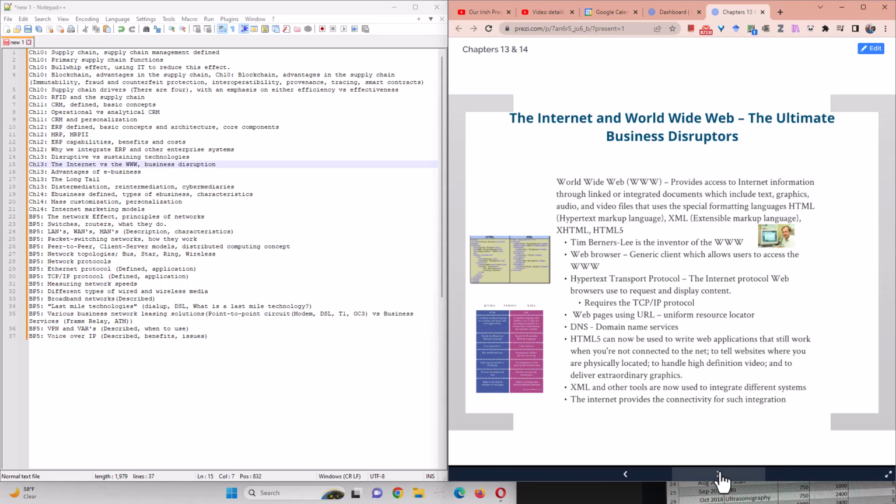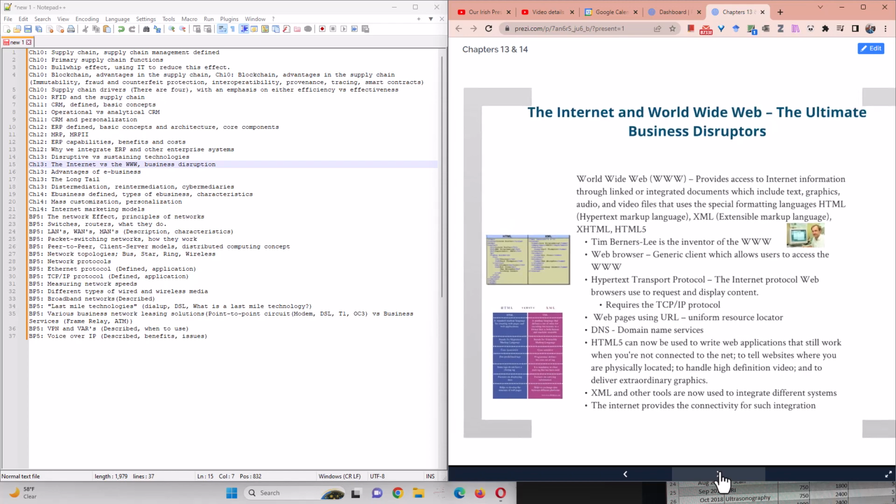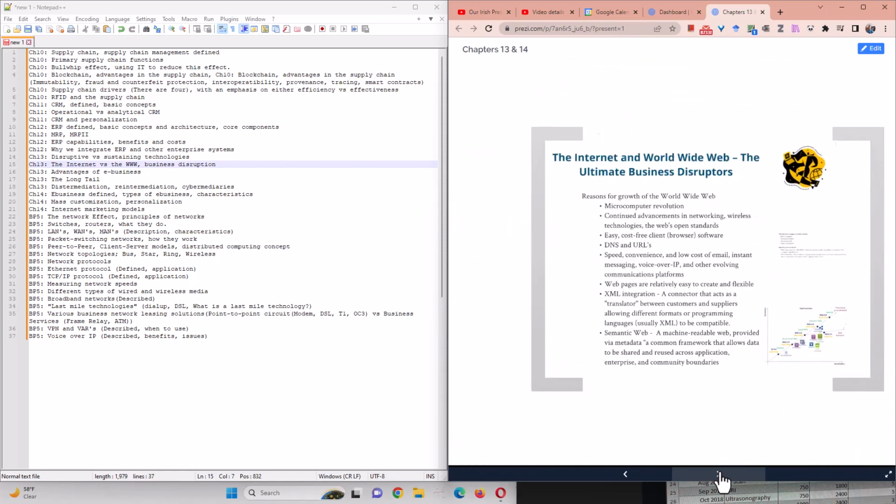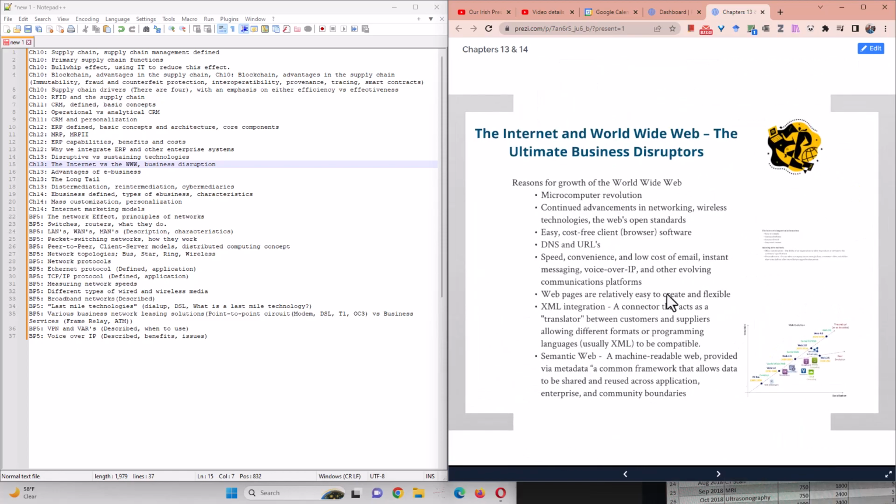You might see definition questions on things like domain name services and hypertext markup language, which is the development language of the web. Certainly, I would be familiar with the reasons for the growth of the World Wide Web.